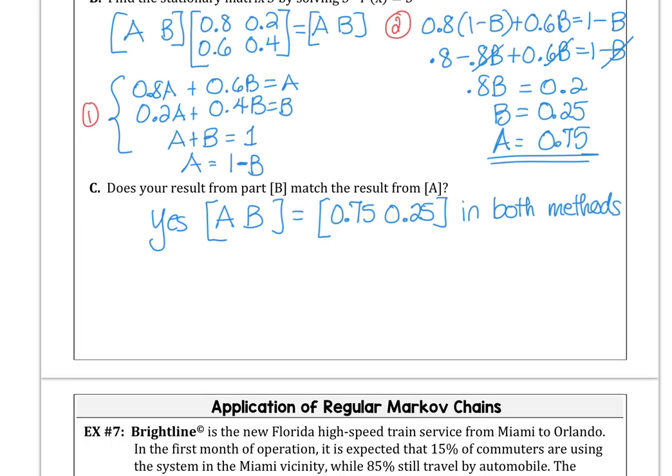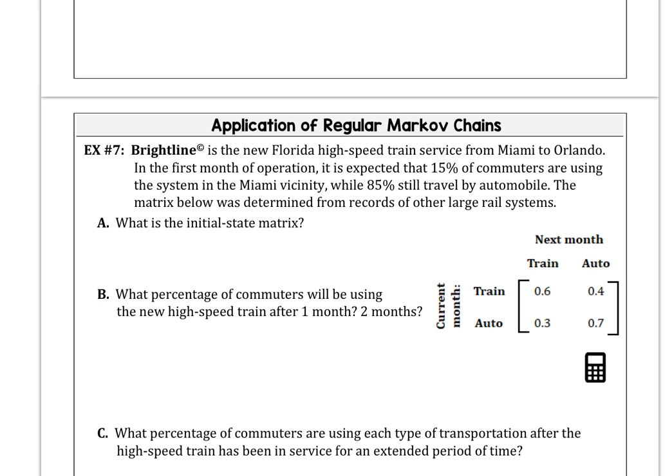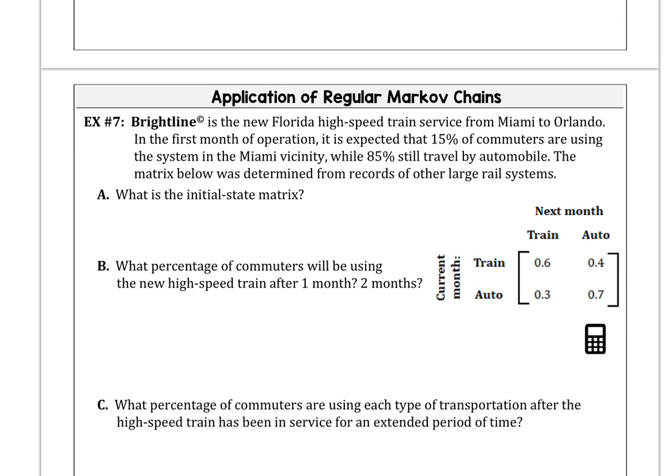Let's try one more application problem here. Brightline is a new Florida high-speed train service that goes from Miami to Orlando. In the first month of operation, it's expected that 15% of the commuters are using the system in the Miami vicinity, but 85% are still traveling by car. The matrix below was determined from records of other large rail systems. We want to know, what is the initial state matrix?